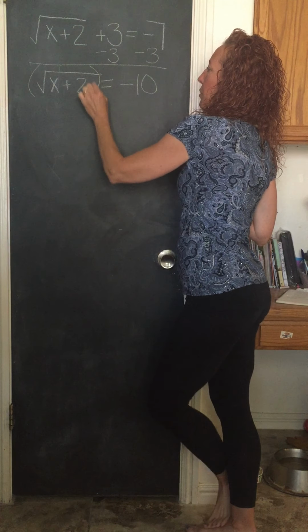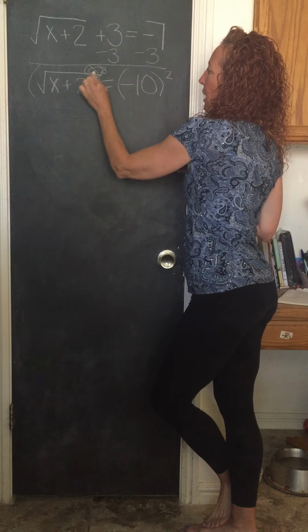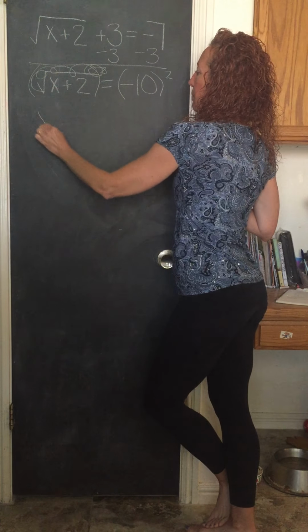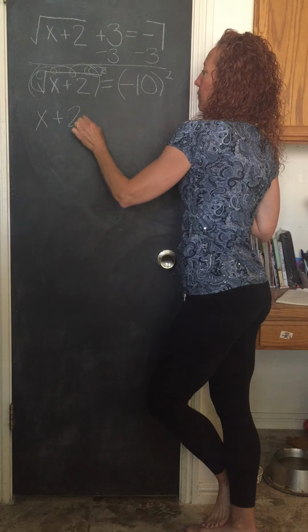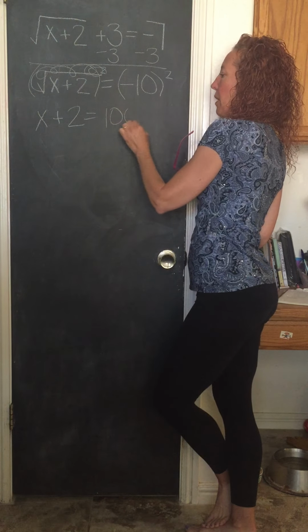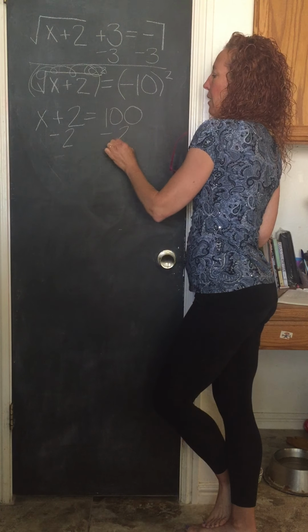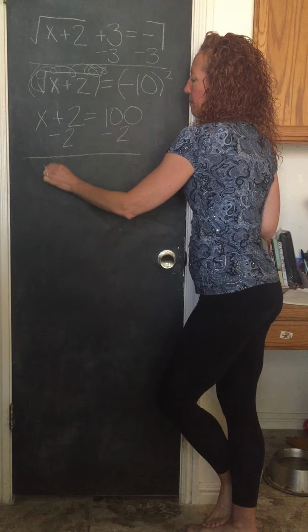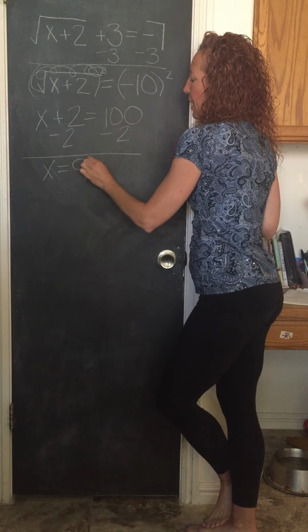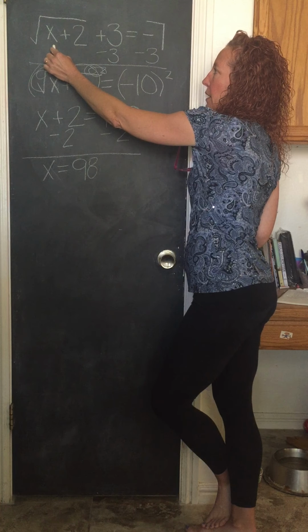We're going to square both sides. That's going to cancel that out. Negative 10 times negative 10 is a positive 100. Solve for x, and x is 98.